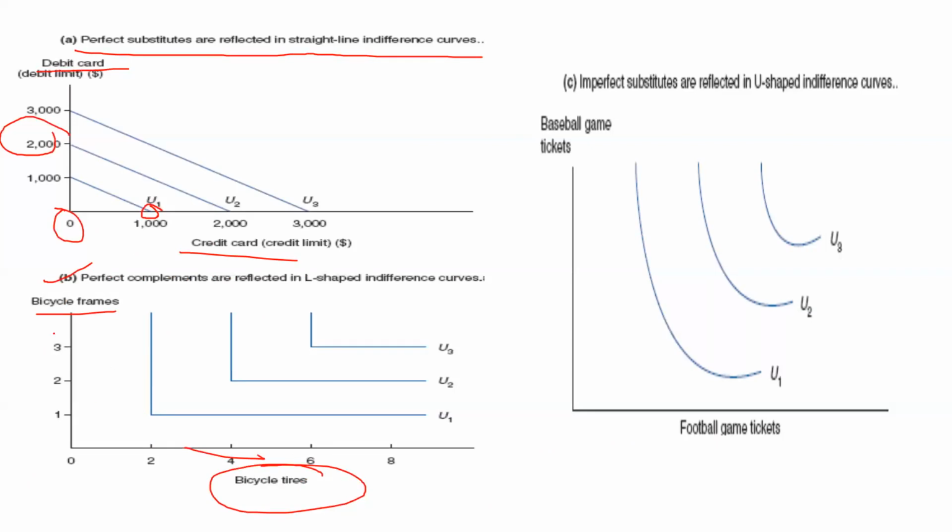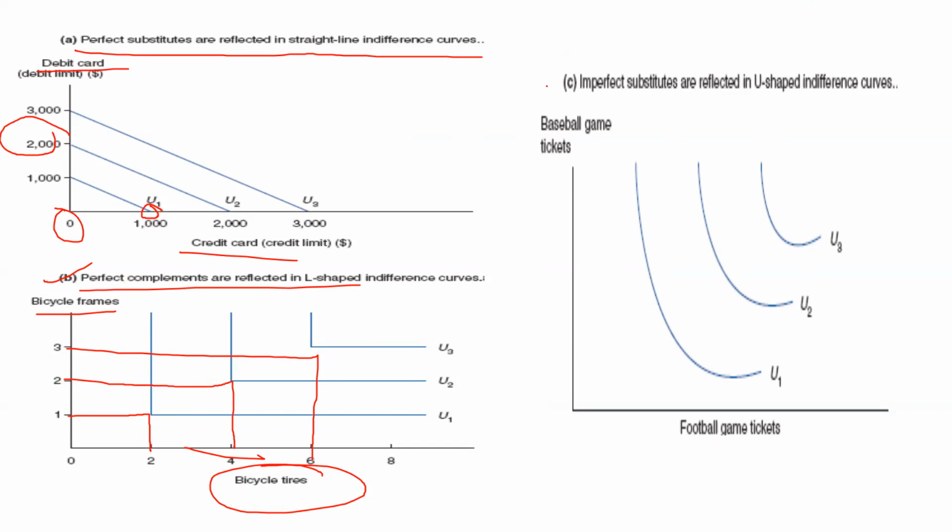If we are producing two bicycles, we need four tires and two frames. For three bicycles, six tires and three frames. That is why these are perfect complements, and that is always L shape.